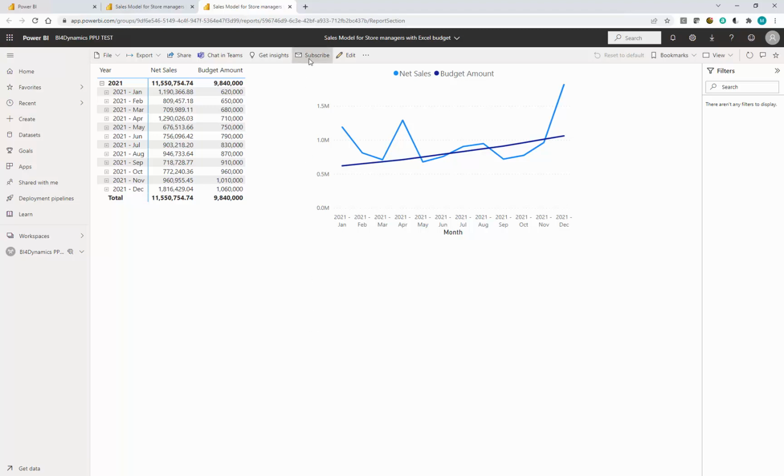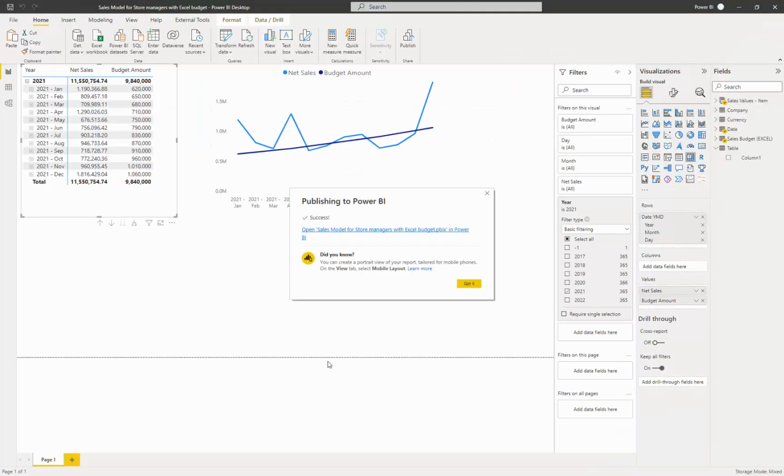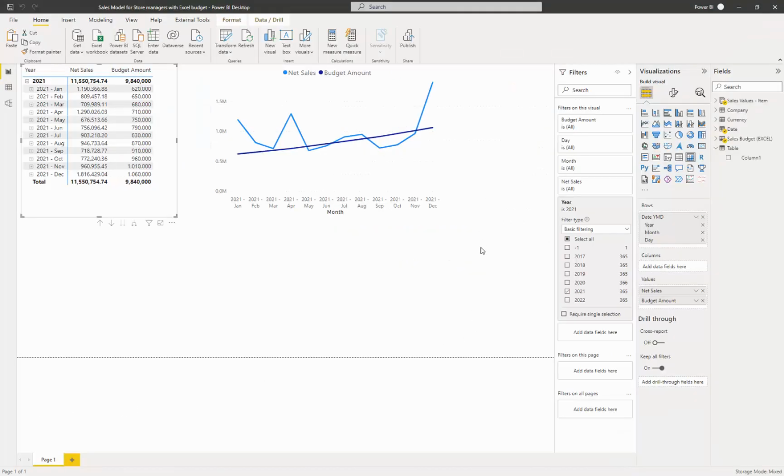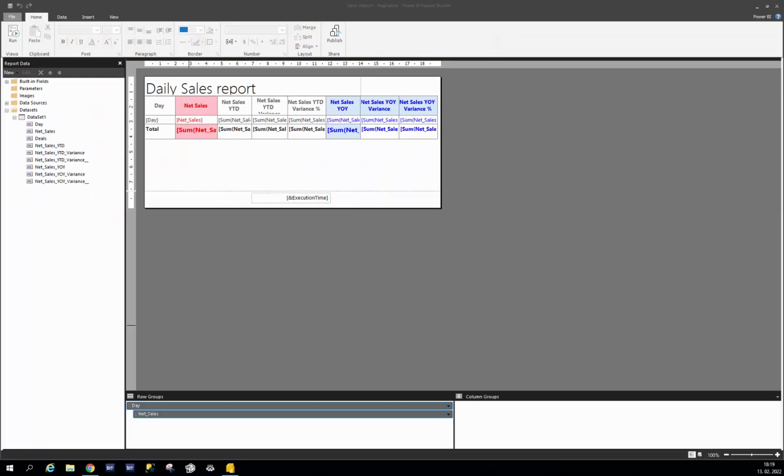And we can also do a subscription of this, as you can see. So the most important part again about this composite model is that the data are in the corporate data model. Our schema is available to be extended with any other external data source that Power BI supports.